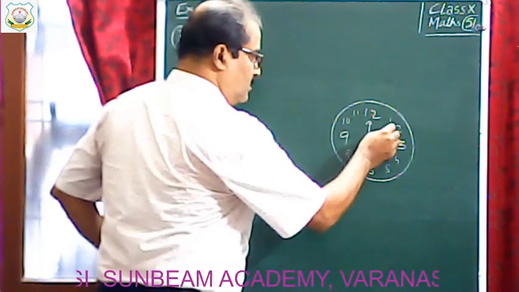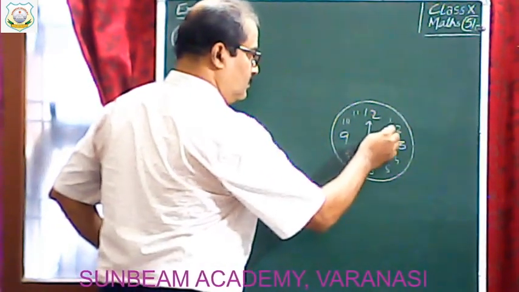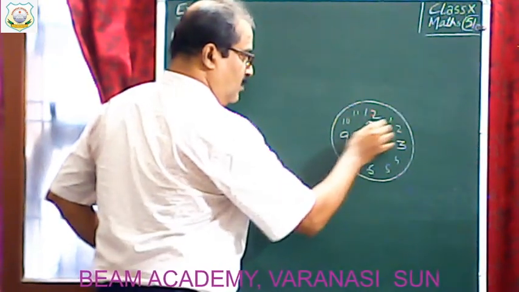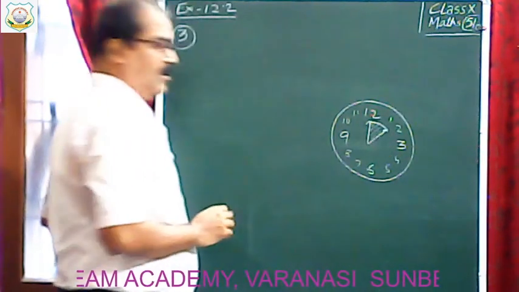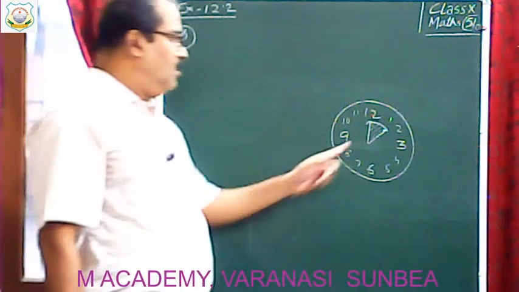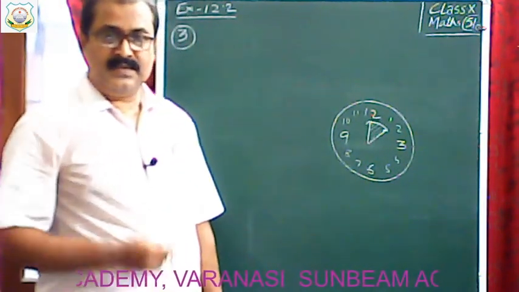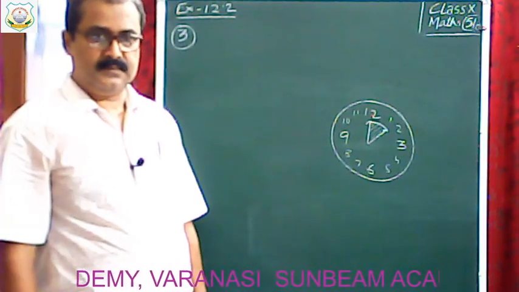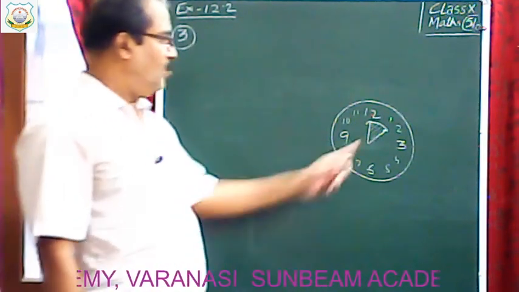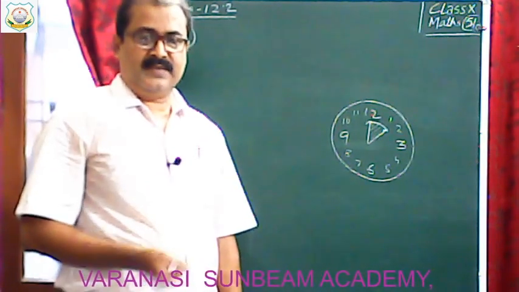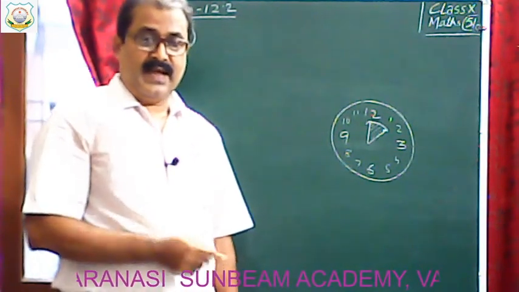In 5 minutes, area swept. Now this area you have to find. So this figure is known as a sector of a circle. One sector is formed. So whenever you have to find the area of a sector, we require the radius and the central angle.